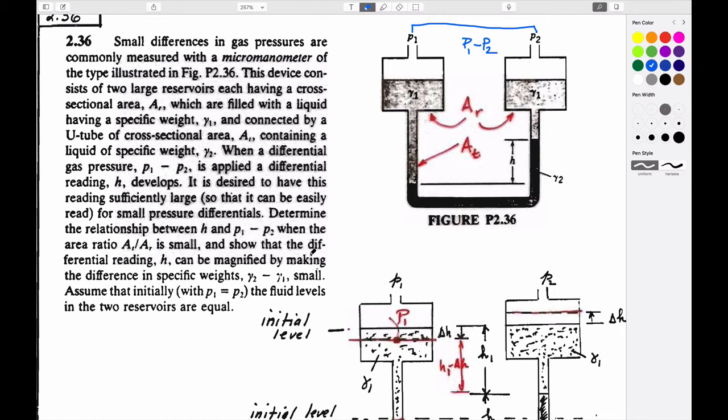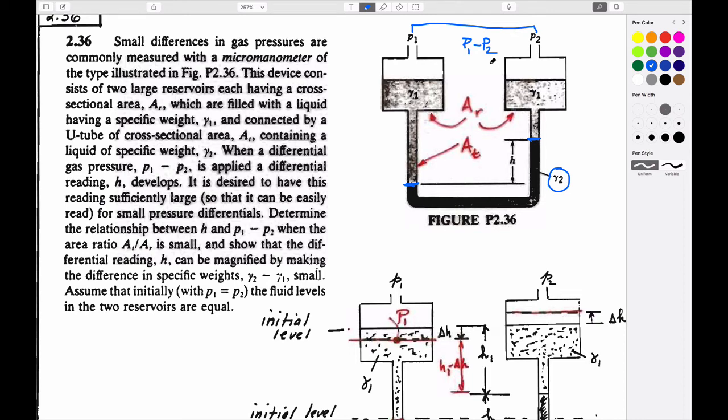And, well, actually I'm not going to go through this other than to make the case that it has a gauge fluid in here, which is a different unit weight from the gauge fluid that sits on the top, and you're measuring the pressure in a gas.